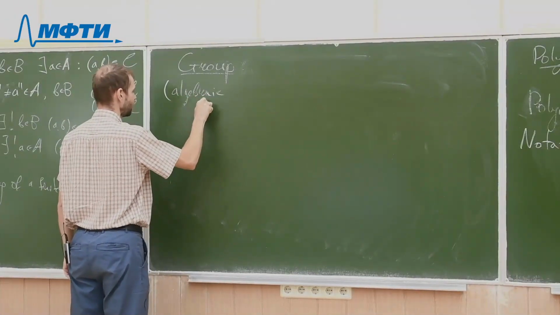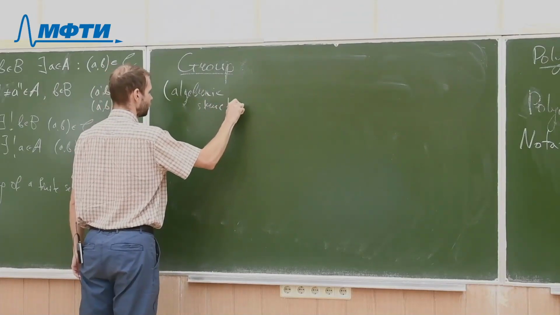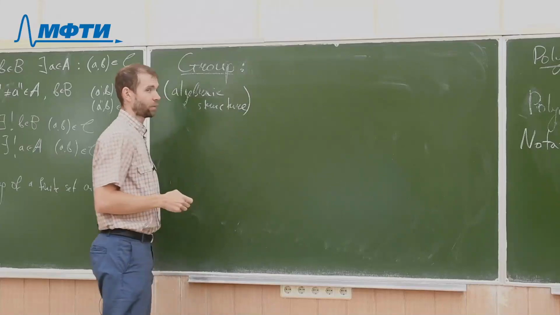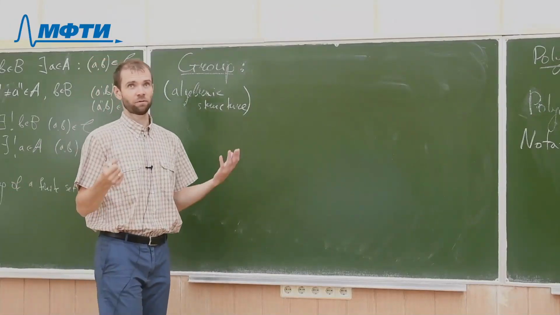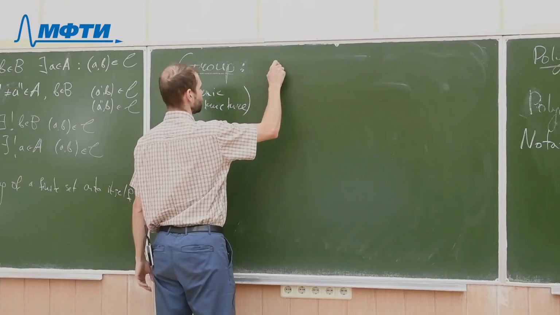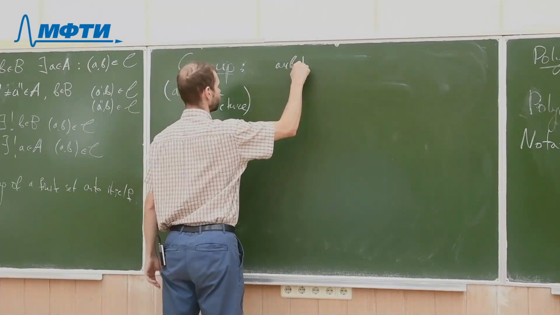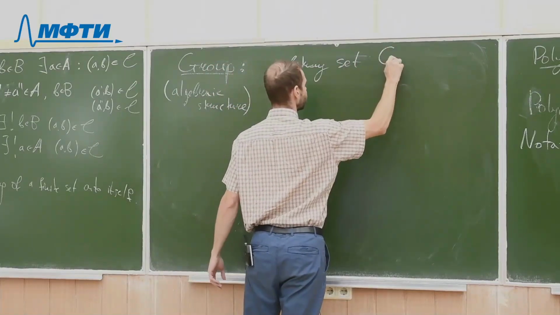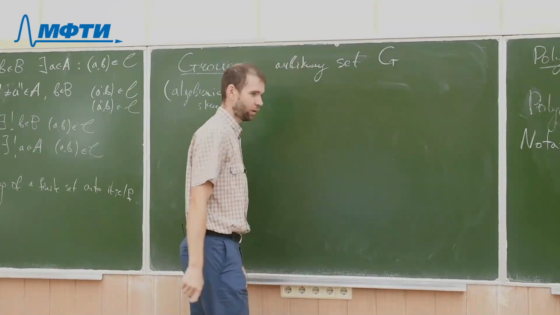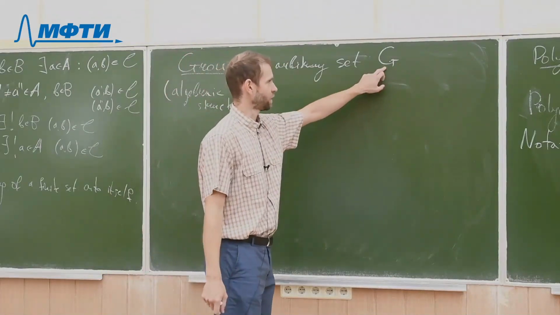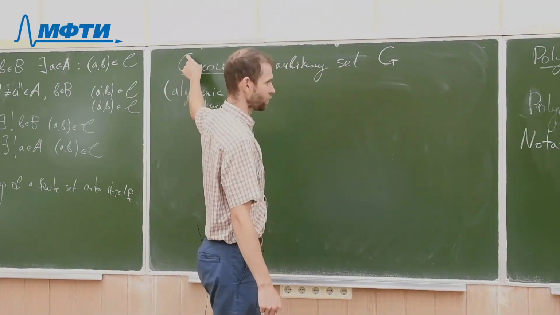A group is a collection of arbitrary objects. So it's an arbitrary set. And you know that everything is usually notated by the first letter of the word in the definition.